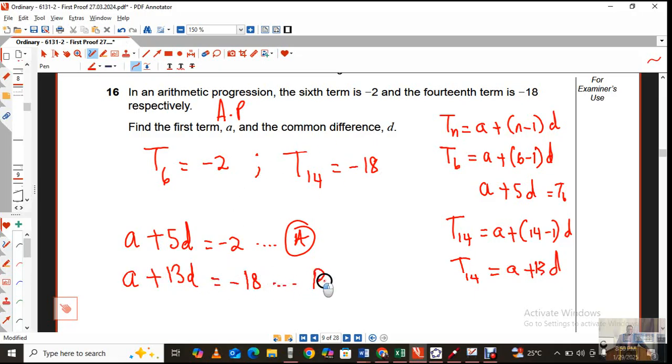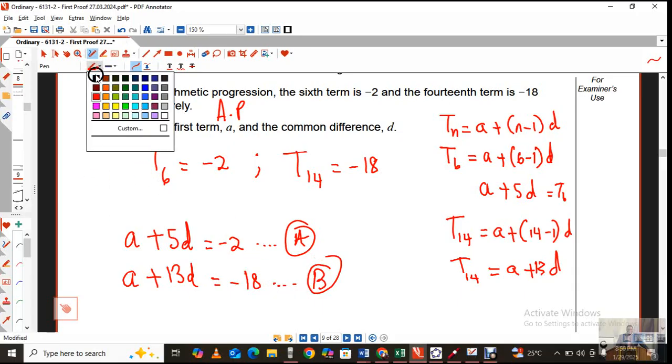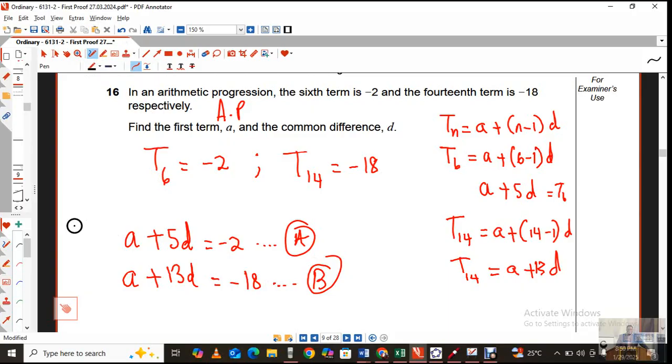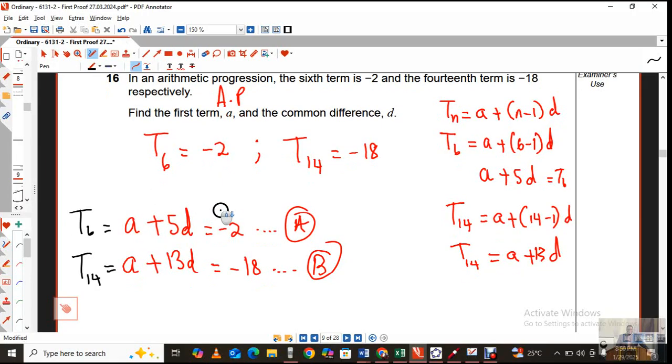And that is going to be my second equation. The first one here is the 6th term, and this one over here is the 14th term. You realize there's always one less, because you're saying n minus 1. So if I was telling you what is the 7th term going to be, it will be a plus 6d. What is the 12th term going to be? It will be a plus 11d and so on.